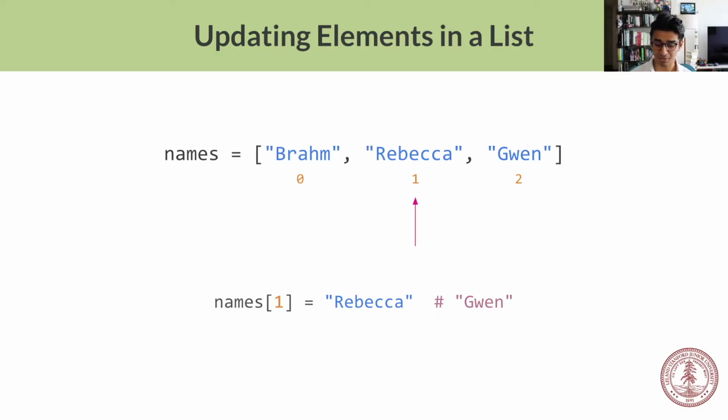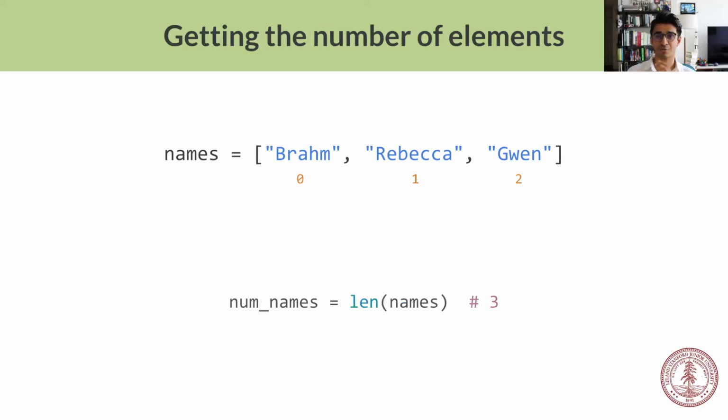Alright, so now that that's out of the way, let's talk about one last thing that I think is really crucial, and that is how to count how many things there are in a list in Python. Well, it turns out there's a function called len whose only job is to take in a list and tell us how many elements there are in the list.